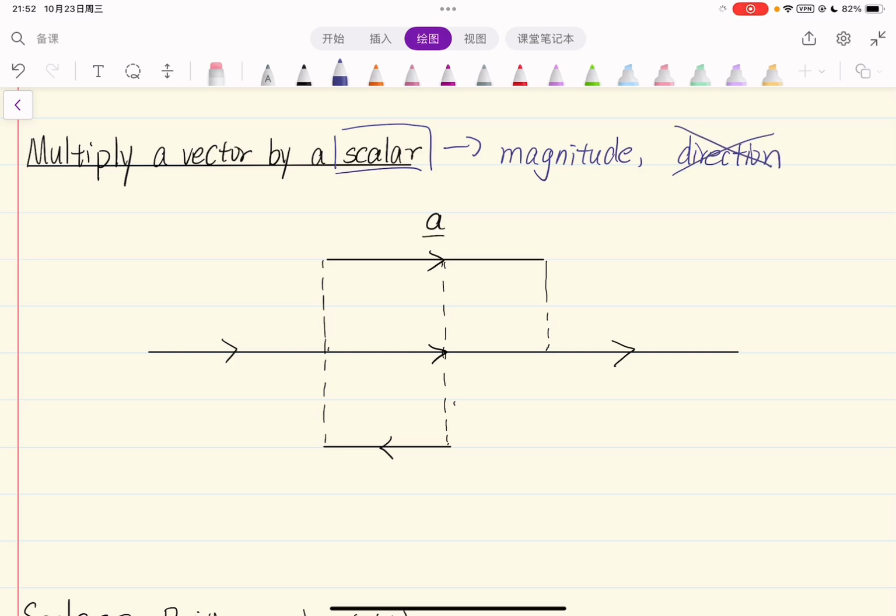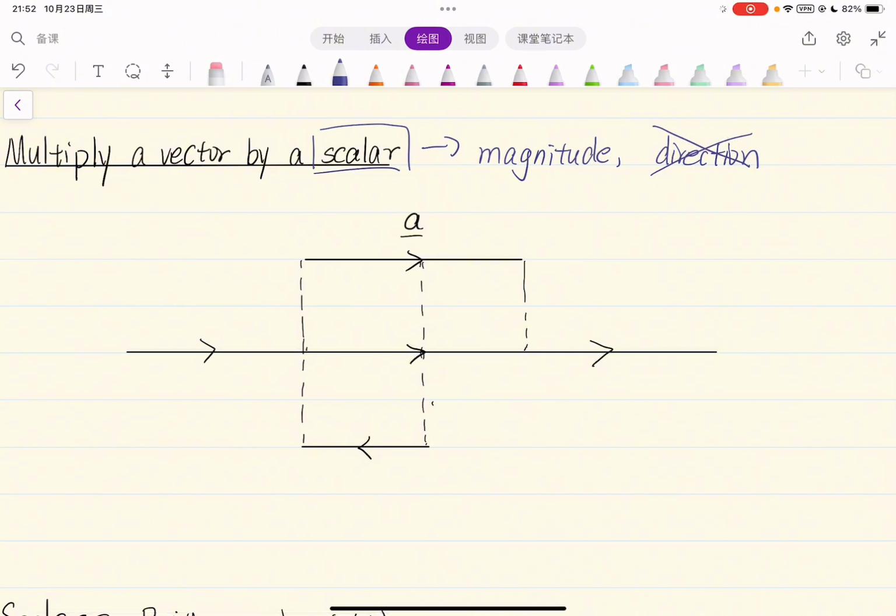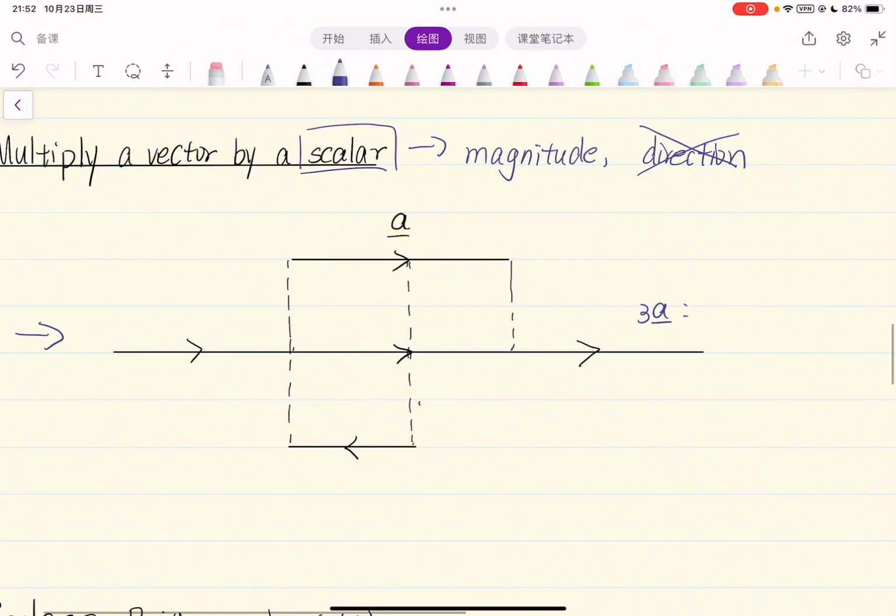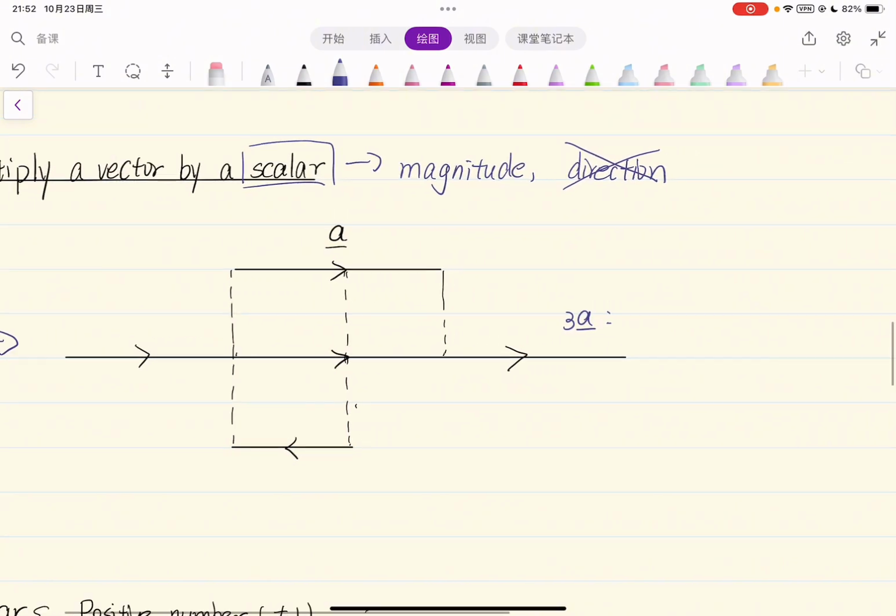Here, we have the vector a, and for the second line segment, that is the vector 3a, which means it has triple the length. You can see 1, 2, 3, triple the length of the vector a, and also in the same direction of the vector a.